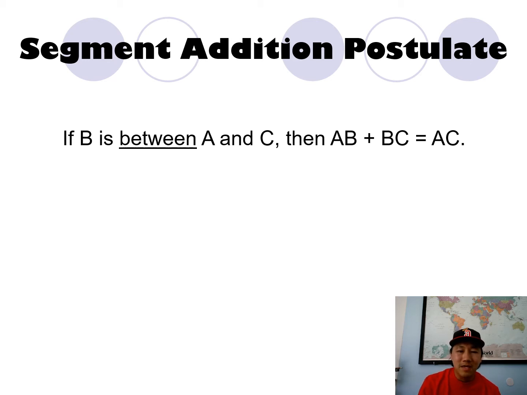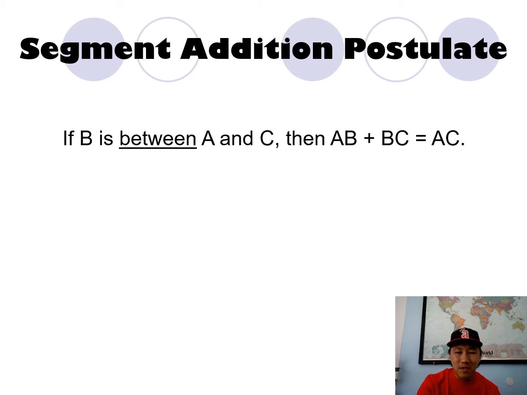If B is between A and C, then AB plus BC is equal to AC. Alright, so that's a little bit confusing, but let's go ahead and draw out a picture, and it's actually very, very simple.